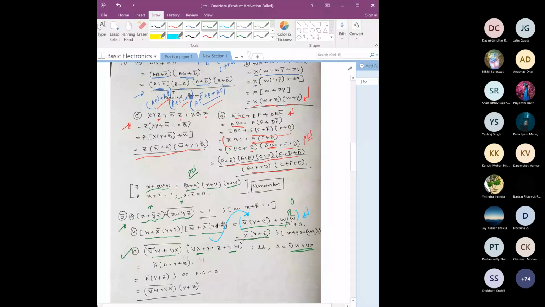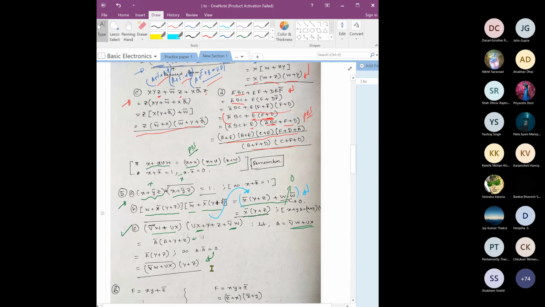So now we can try to simplify this, because a dot a bar is basically 0, so that is gone, and it is basically a bar y into y plus z. Right, now you can put the value of a bar here, and that looks like the simplified version.